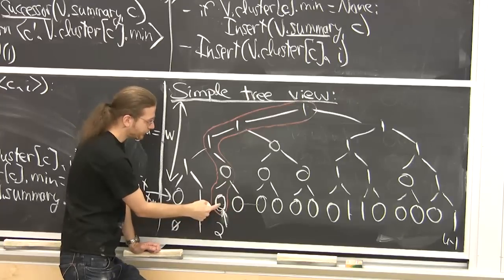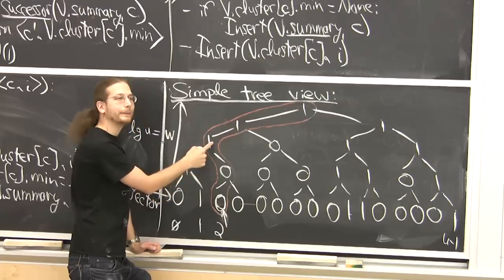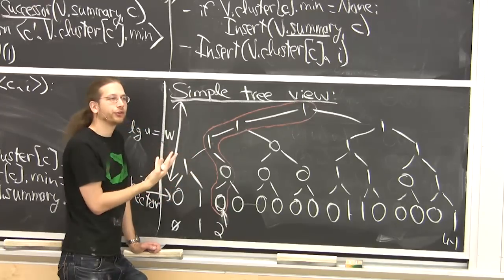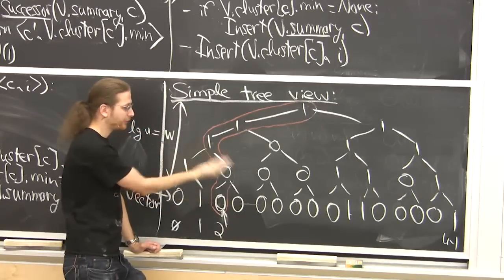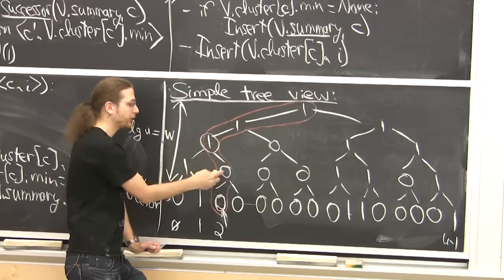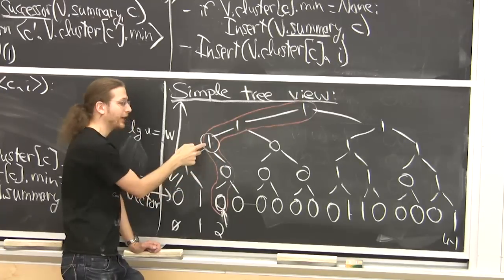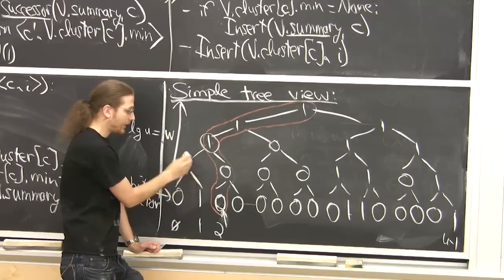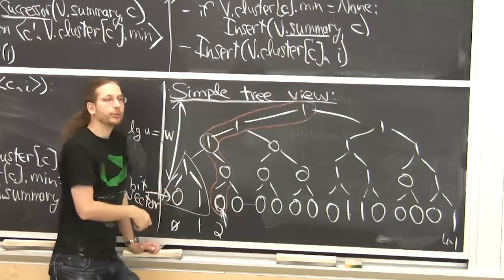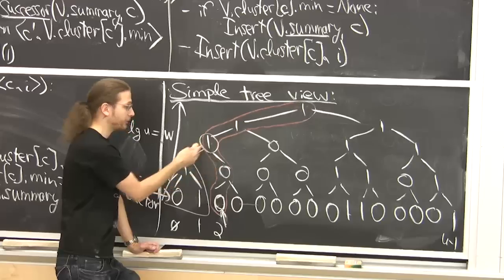If I want to search for this guy, well, if I walked up, eventually I find a 1. And that's when I find the first nearby element. Now, in this case, it's not the successor I find. It's really the predecessor I found. When you get to the first 1, the transition from 0 to 1, you look at your sibling, the other child of that 1, and down in this subtree, there will be either the predecessor or the successor. In this case, we got the predecessor because it was to the left.